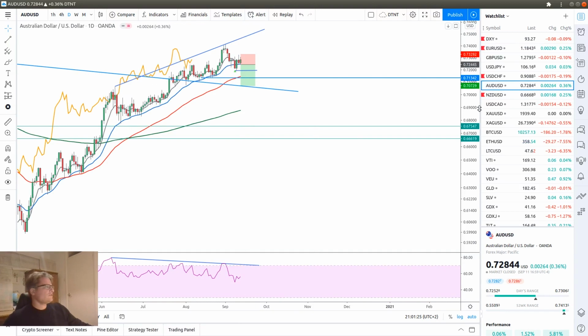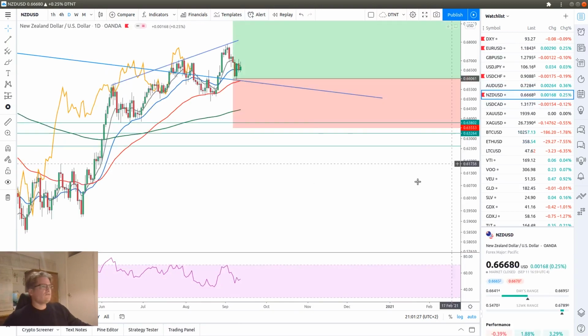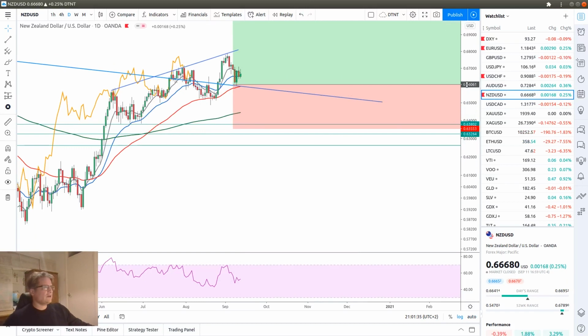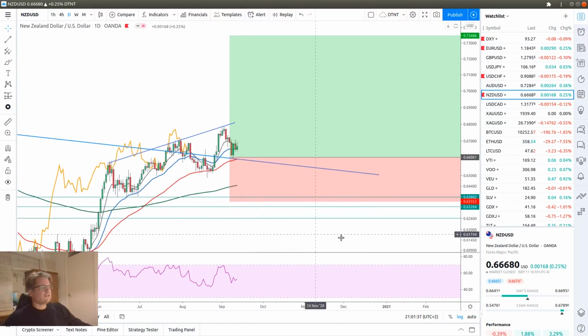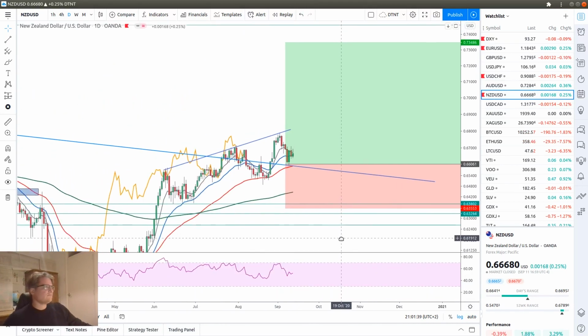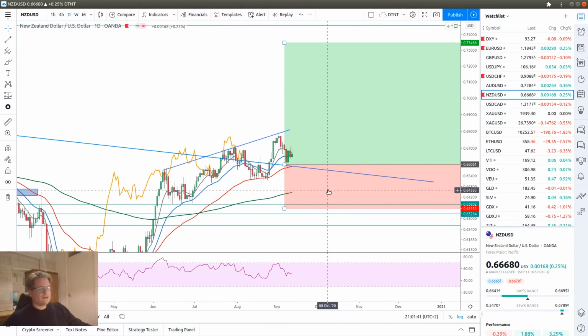While with the New Zealand dollar we already had this trade to the downside, so it's a little bit early, and now I'm expecting this one to go higher. Of course it can still go wrong, but this is how I try to play it.